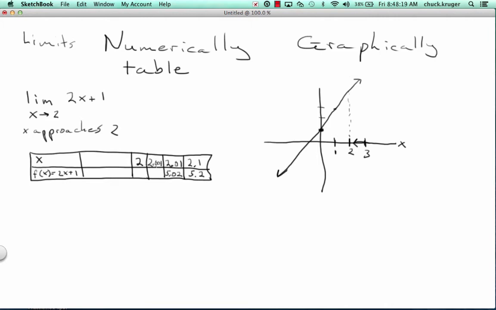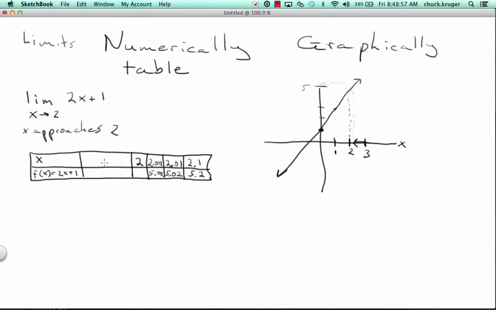And if I put 2.001 in there, I'm going to get 4.002. And when I add 1, I'm going to get 5.002. All right? So as I'm approaching from the right towards 2, I'm getting y values. And over here I have a y value called 5. I'm approaching 5. I'm just above 5, just barely above it, but that's what I'm approaching from the right.